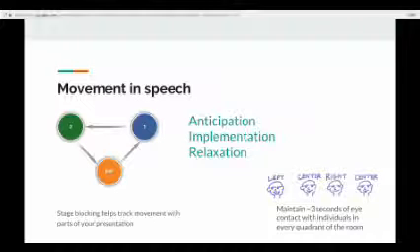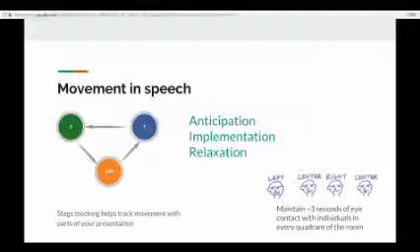So another thing that is really important thinking about speech and oral communication is how your body is in relation to your speech. One of the things you can do is think about your speech as a stage in which you block out your places. So, if you have 3 points in your speech, you can say, I'm going to be on the left side of the stage at point 1.